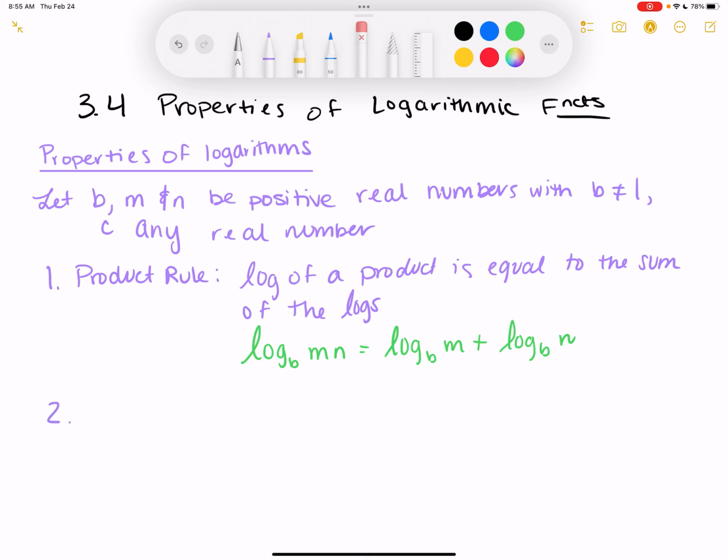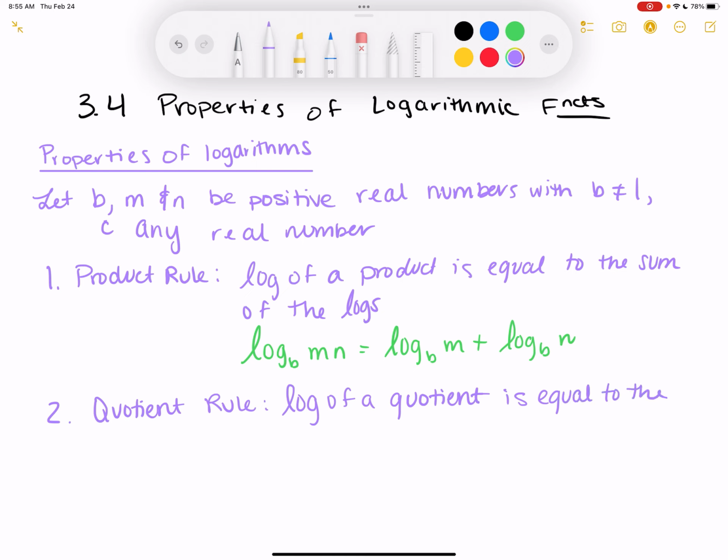Then we have the quotient rule, which says that the log of a quotient is equal to the difference of logs.